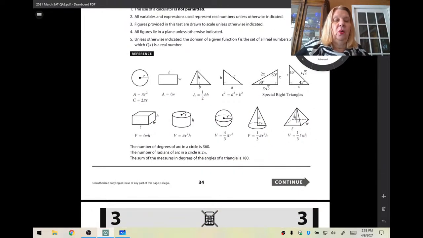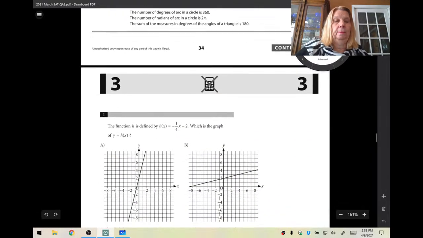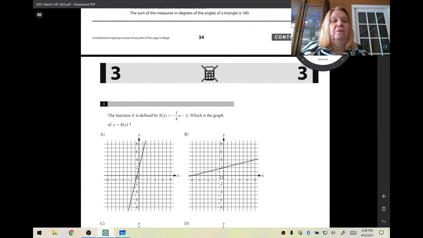So if we go to question 1, the function h is defined by h of x is minus 1/4 x minus 2, which is the graph of y equals h of x.